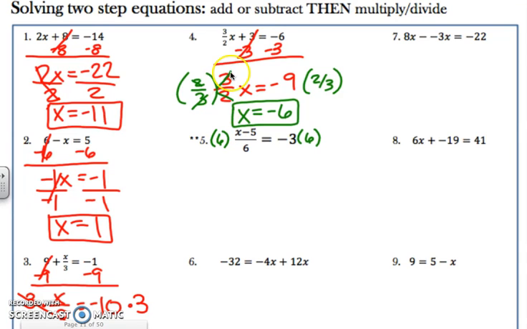Okay. Immediately these 6's are going to cancel out because 6 divided by 6 will give me a 1. So go ahead and immediately cancel those out. I'm going to bring down that x minus 5. And then negative 3 times 6 would be negative 18. Now I've got a one-step problem, so I need to plus 5 on both sides.